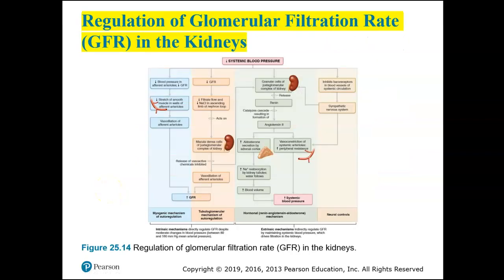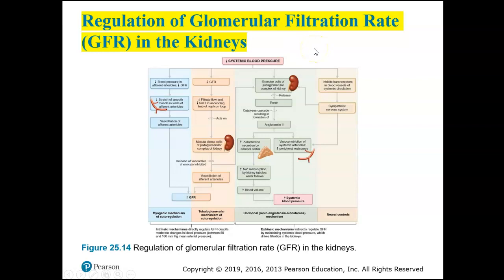All right, and you can read through this on your own if you want to, but it just goes through all of the different pathways: if blood pressure is low, what happens in the body to raise it. So you start out with low blood pressure, that's going to decrease the filtration rate.